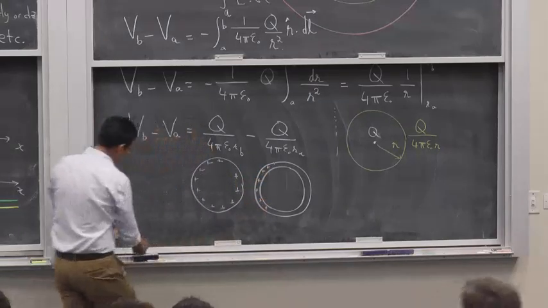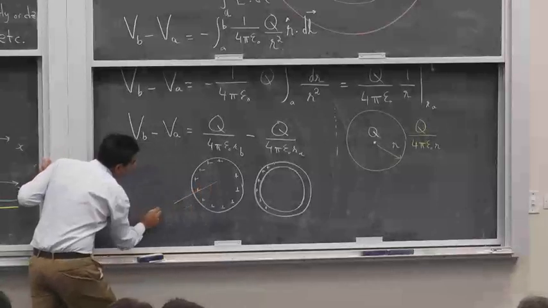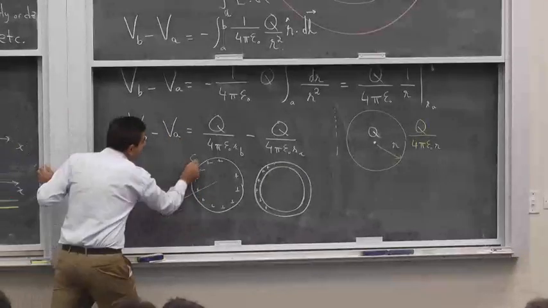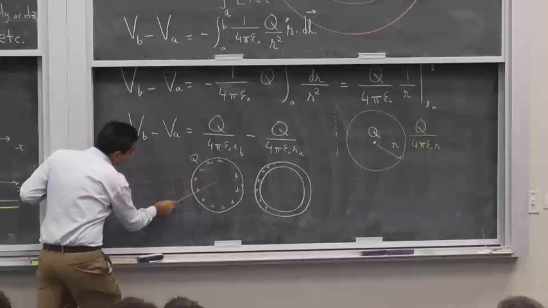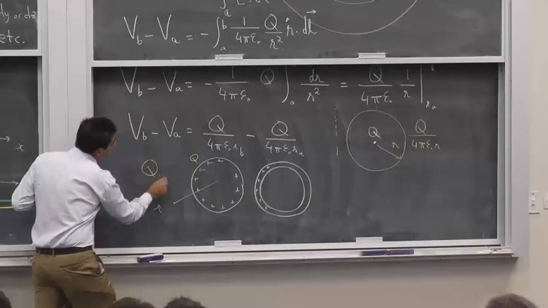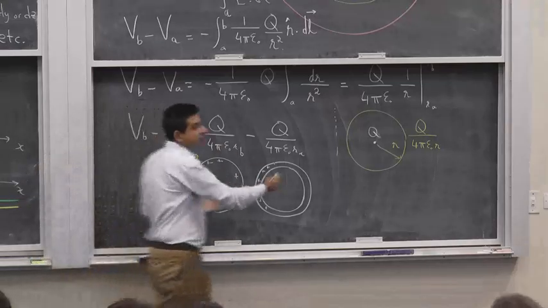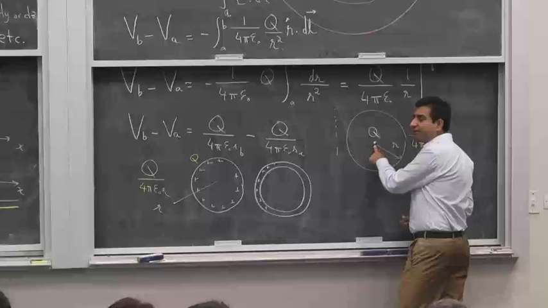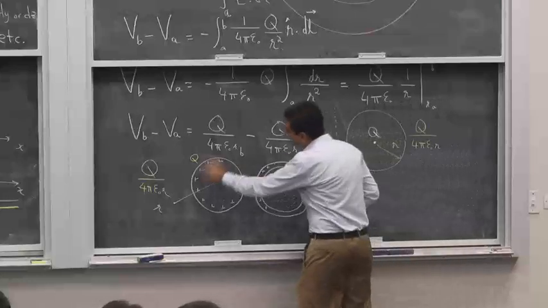In all of these cases, if we are at a distance r outside the metal, and this charge is still capital Q, then the potential at this point is still going to be equal to Q over 4 pi epsilon naught r.